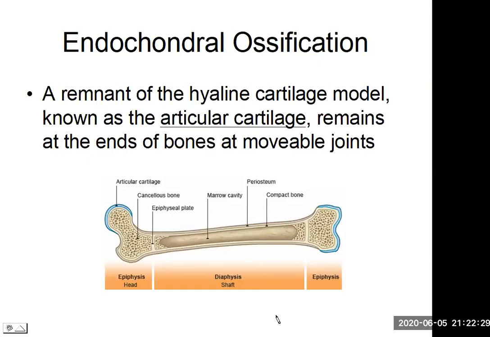And then, of course, finally, the remnant of endochondral ossification. We started as an embryo with the production of the hyaline cartilage. Most of the bone was ossified. Near the end of puberty, that's when the epiphyseal plates are completely ossified.